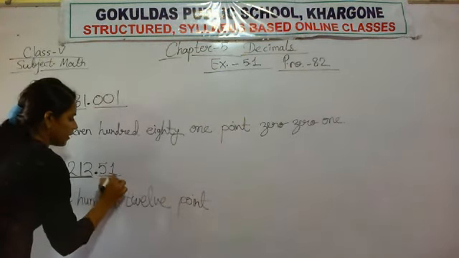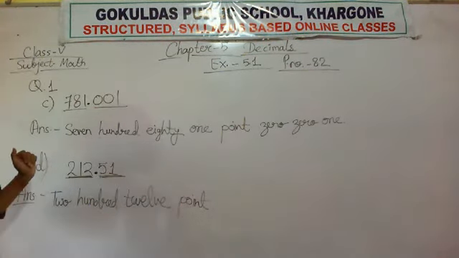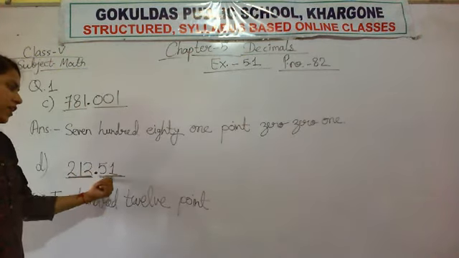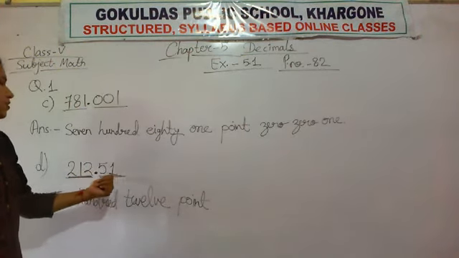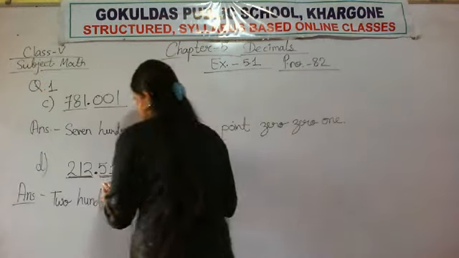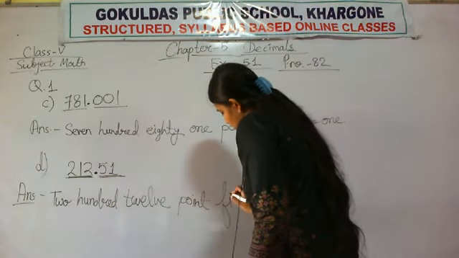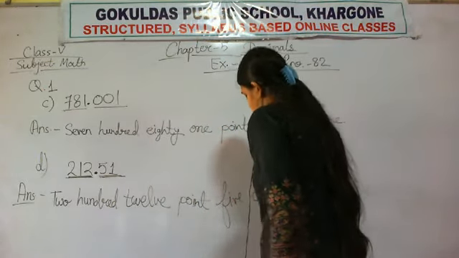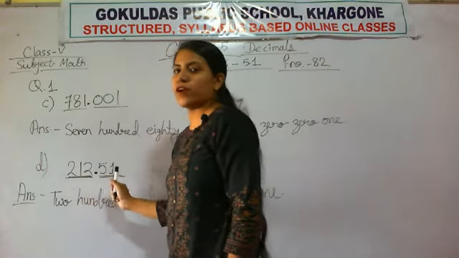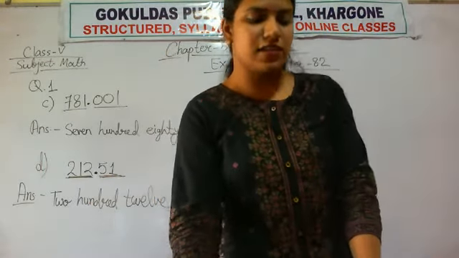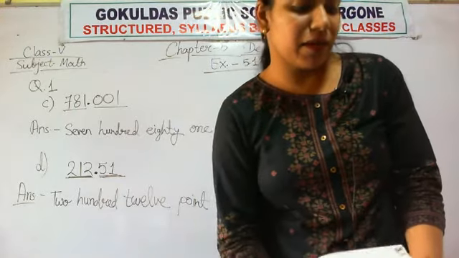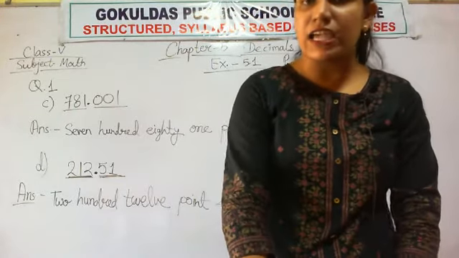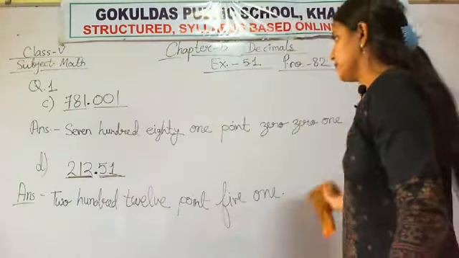Now this 51 is written in the decimal part, and we know that we read the decimal part separately. So I will write this as five, one. So 212.51 is the correct way of reading this number. Now the remaining ones, that is E, F, G, H, try on your own.